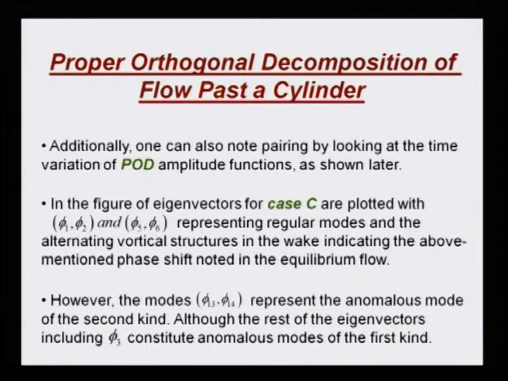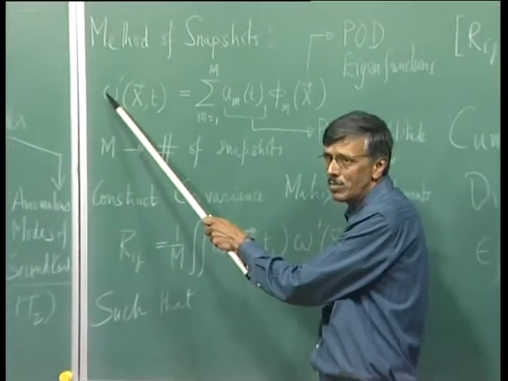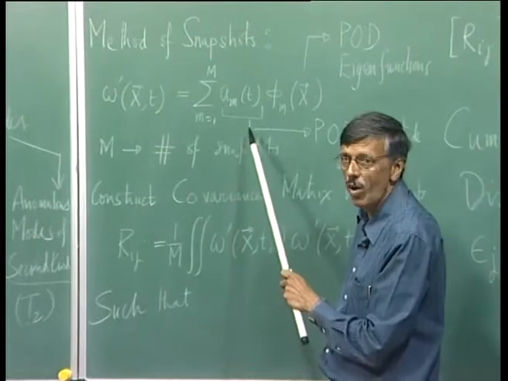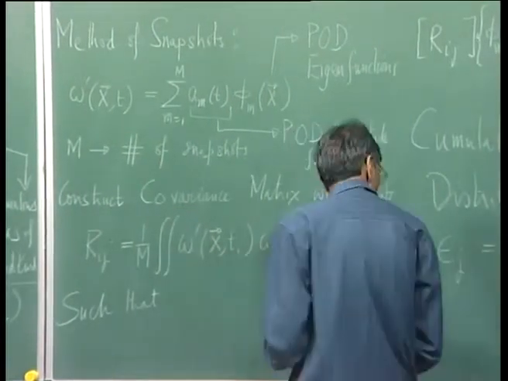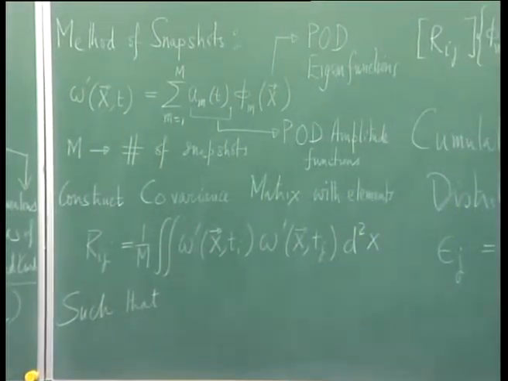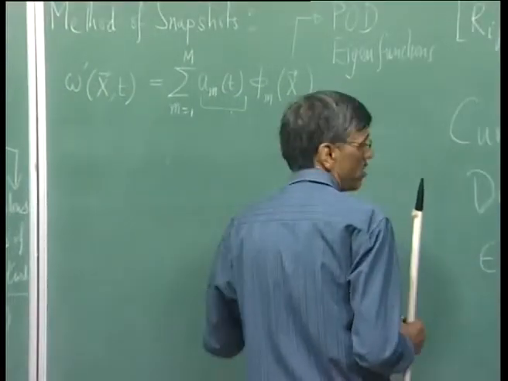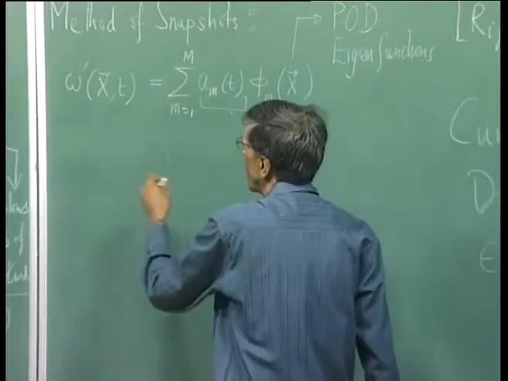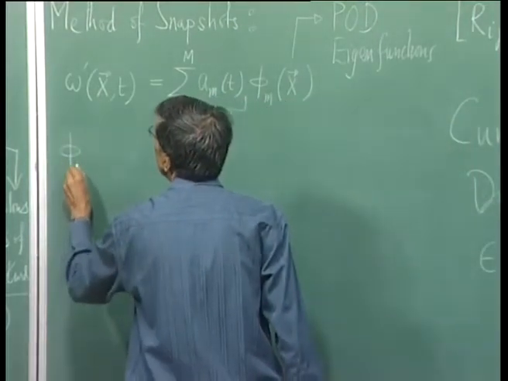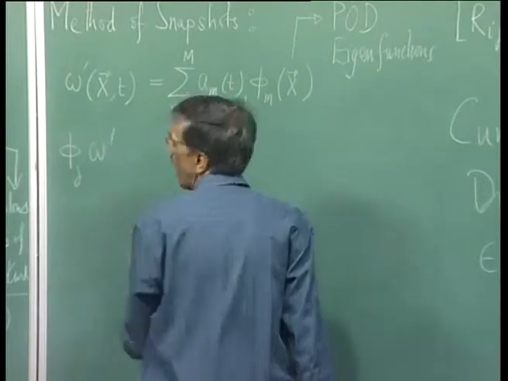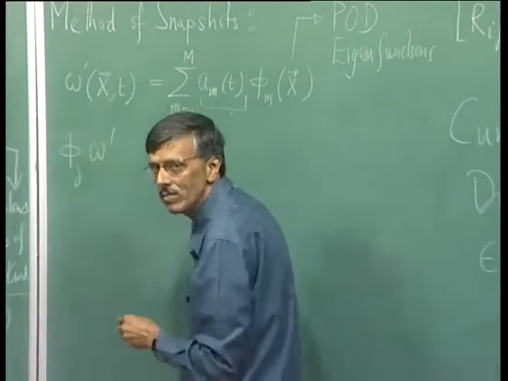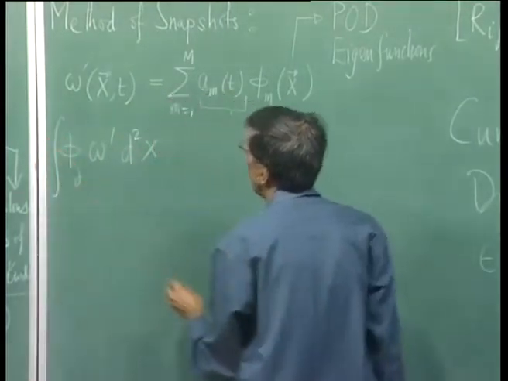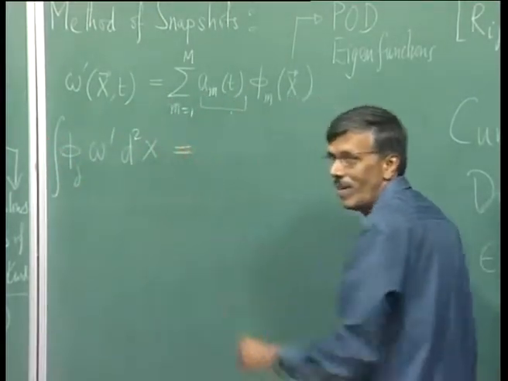So if I take this description, multiply it by phi j, and then integrate over the whole domain, what would I get from this side?